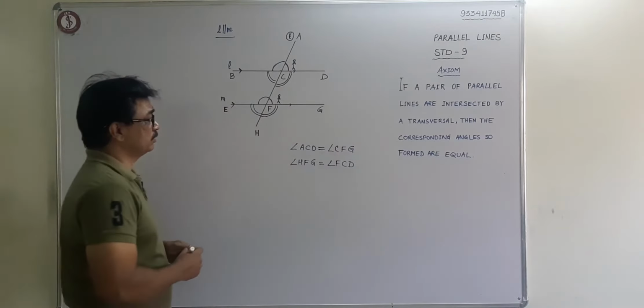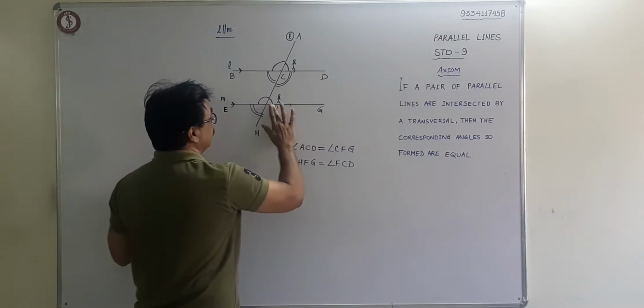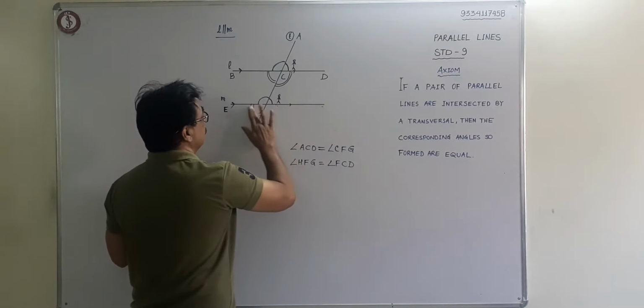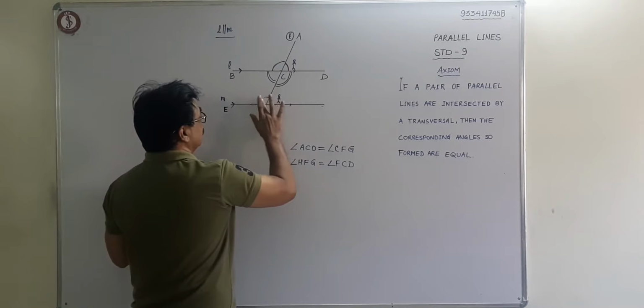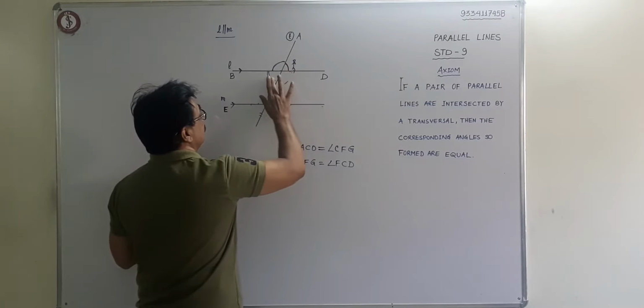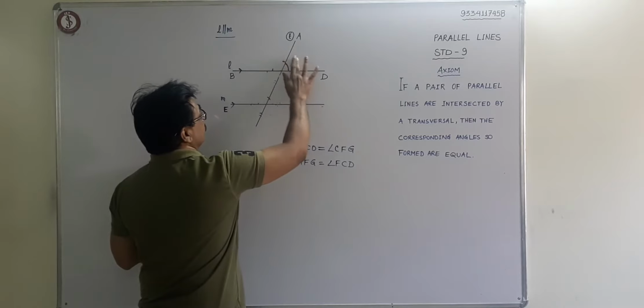So I am rubbing out the naming and the marking, very fast, so that I can save some time for you all. Okay, I am rubbing this off, so nothing is here.